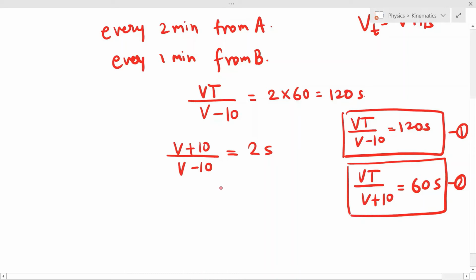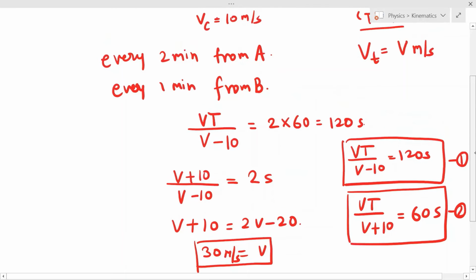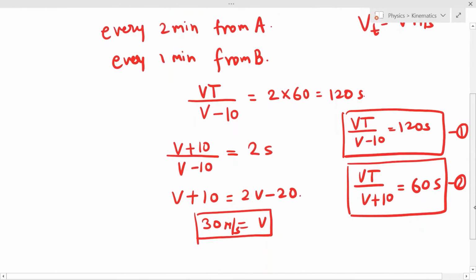Sorry, 120 by 60 is 2. So this becomes V plus 10 equals 2V minus 20. So V goes there and this is 30. So the velocity of the cab or the taxi is 30 meters per second. So we have calculated the velocity of the taxi also.